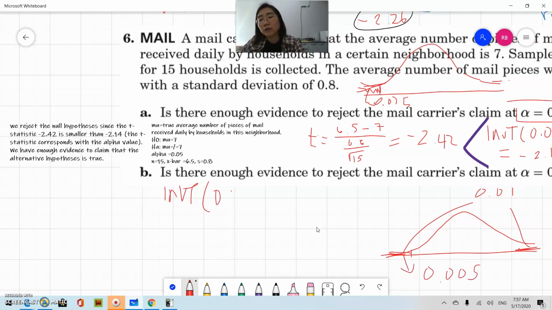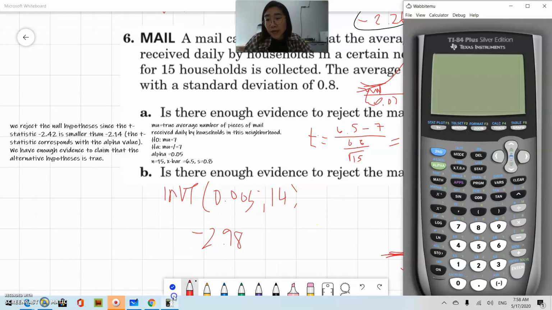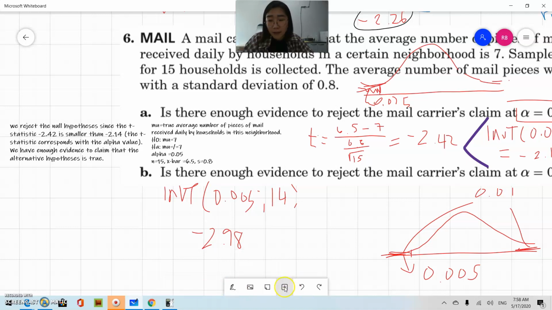So you want to do inverse t of 0.005 comma 14. So you can tell that it's going to be a smaller value than before 0.05. So that gives me negative 2.98. Alright, so if the significance level changes to 0.01, we actually fail to reject the null hypothesis.